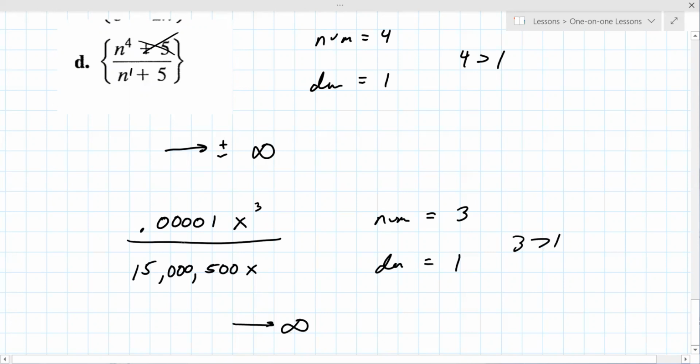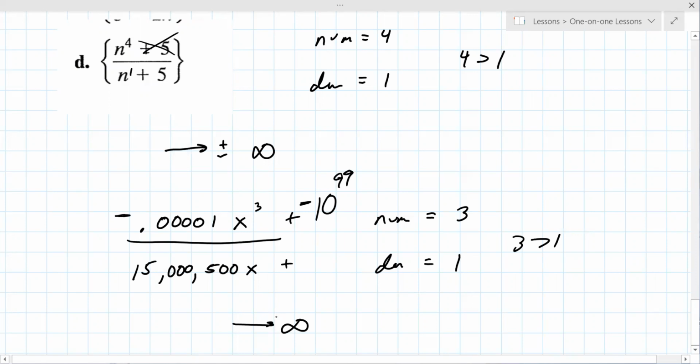It doesn't matter what these numbers are. You could add 10 to the minus 99, it doesn't matter. It's distracting. And if it was negative 0.001 x to the third, it would go to negative infinity.